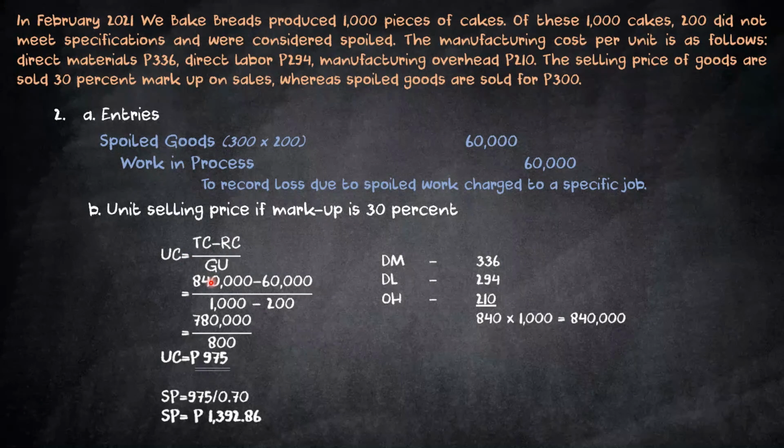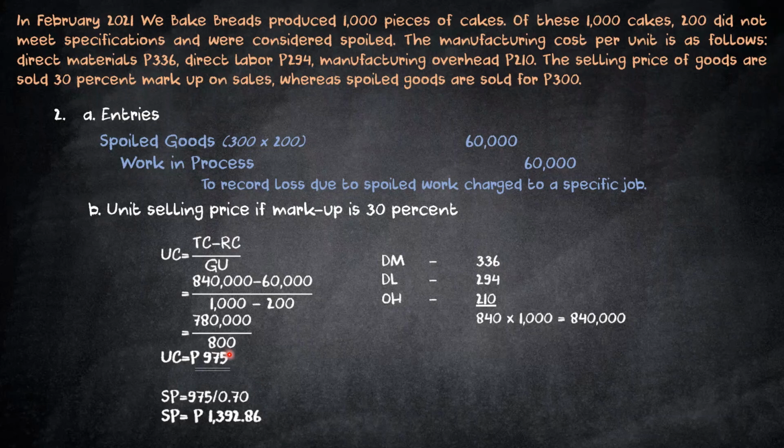So, ang total cost natin would not change, 840,000 pa rin, minus recovered cost natin is ito, yung nasa taas, yung nasa ating entry, over good units natin, same pa din, mapa all jobs, mapa specific job, same pa rin po ang ating good units natin. And then, we will be able to get a unit cost of 975.